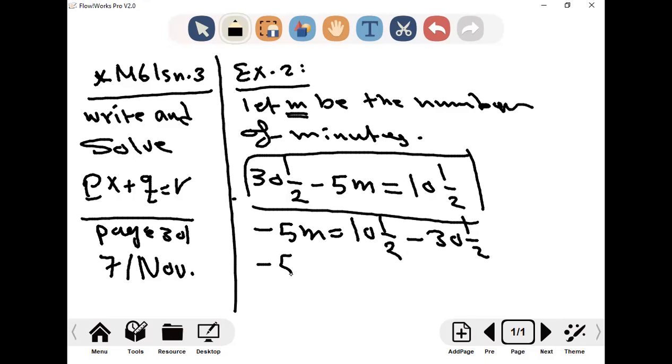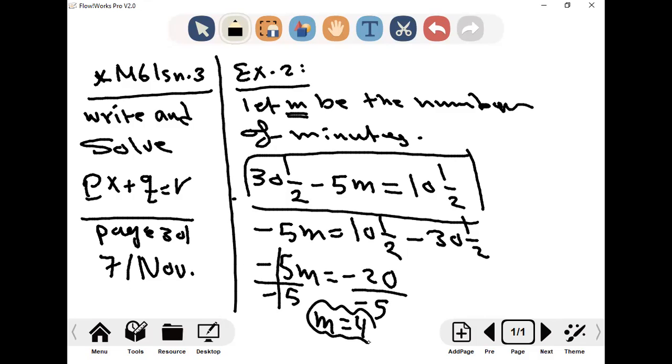So negative 5m equal negative 20, right? Divide by negative 5 on both sides. So m will be what? 4 minutes, right? Okay, let's check.